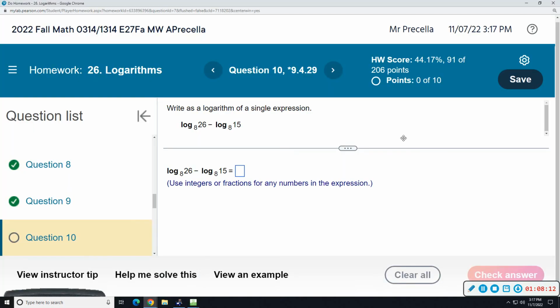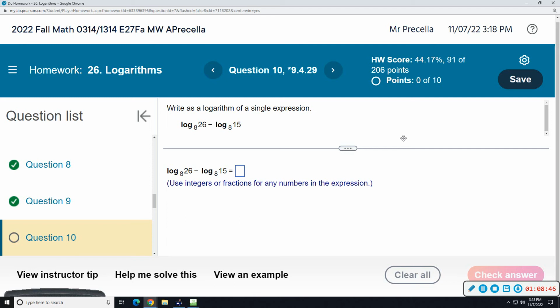It says log base 8 of 26 minus log base 8 of 5. Now, I don't know if they show a lot of steps on this on Pearson in View an Example, but I can't imagine what they would be. We're going backwards. The formal definition here is condensing.